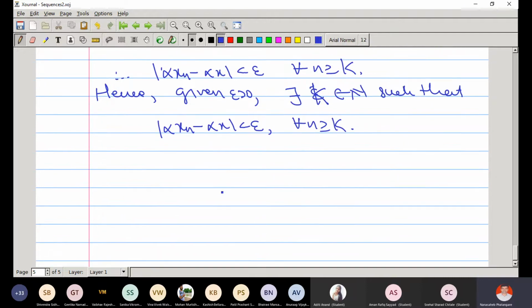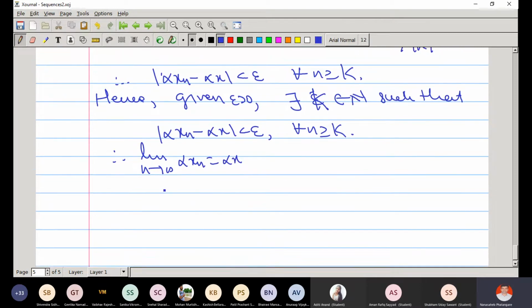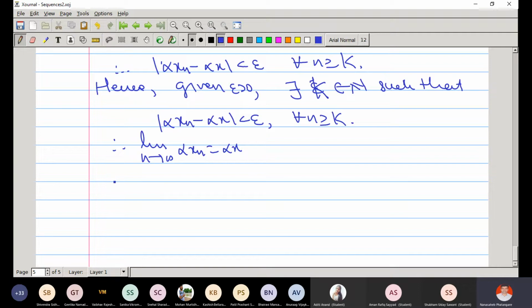So what is the conclusion? The conclusion is that the limit of alpha xn is equal to alpha times the limit of xn. Therefore the limit as n tends to infinity of alpha times xn is alpha times x, because for any epsilon we are able to produce k and declare that the limit is this number.